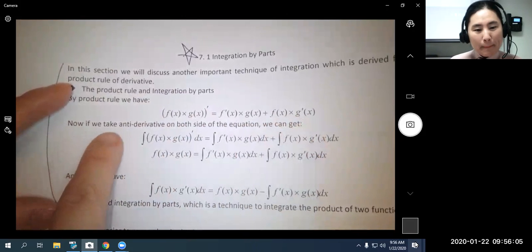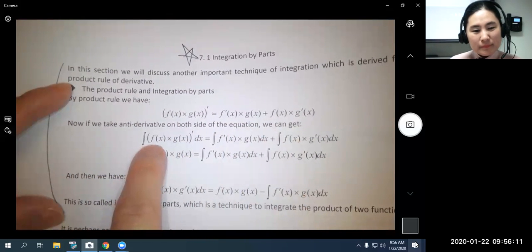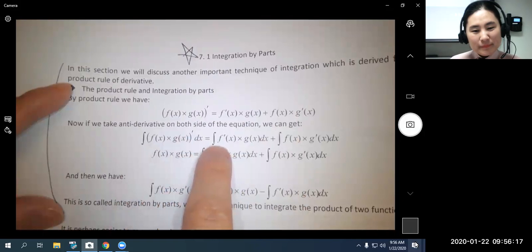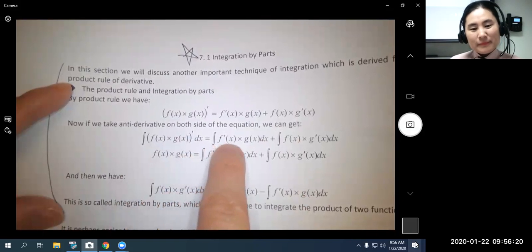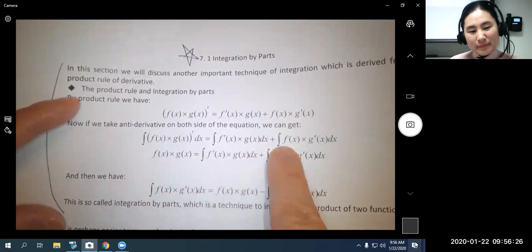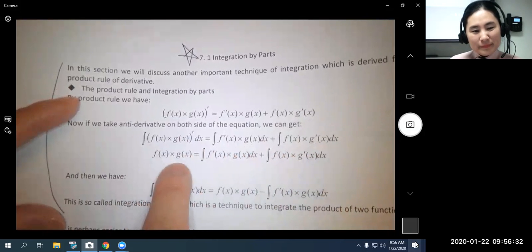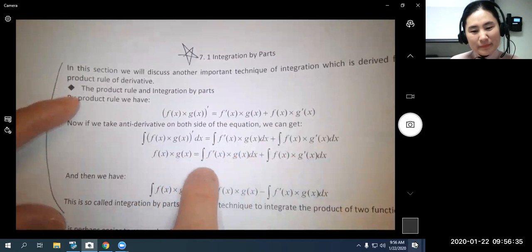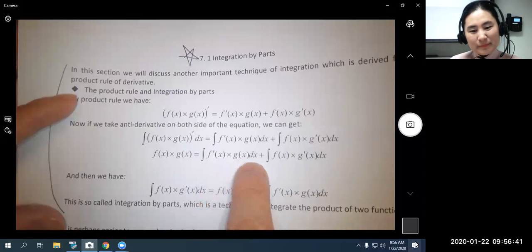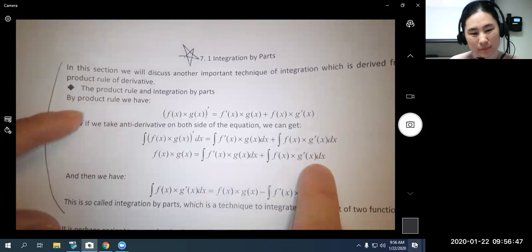Now, if we take the antiderivative on both sides of the equation, we get the integral of f of x multiplied by g prime of x dx is equivalent to the integral of f prime of x multiplied by g of x dx plus the integral of f of x multiplied by g prime of x dx.